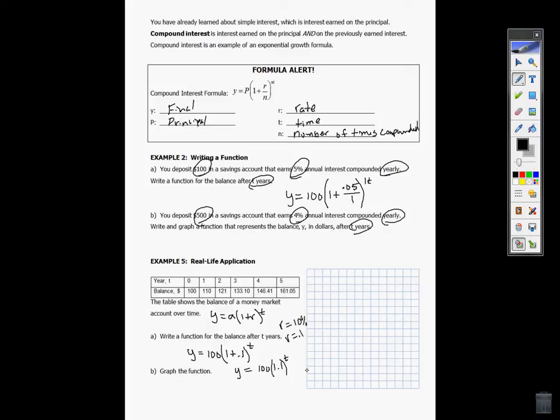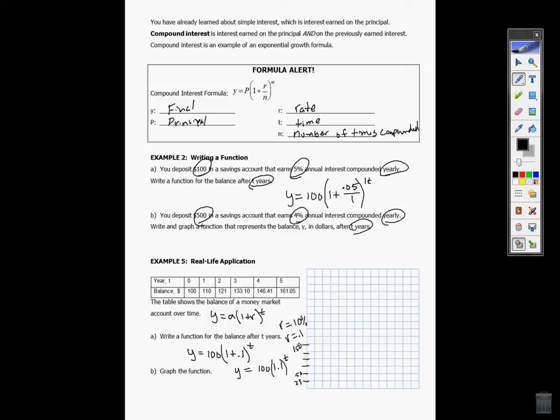Let's make this graph so that this is 25. Let's make this 50, 75, 100, 125, 150.